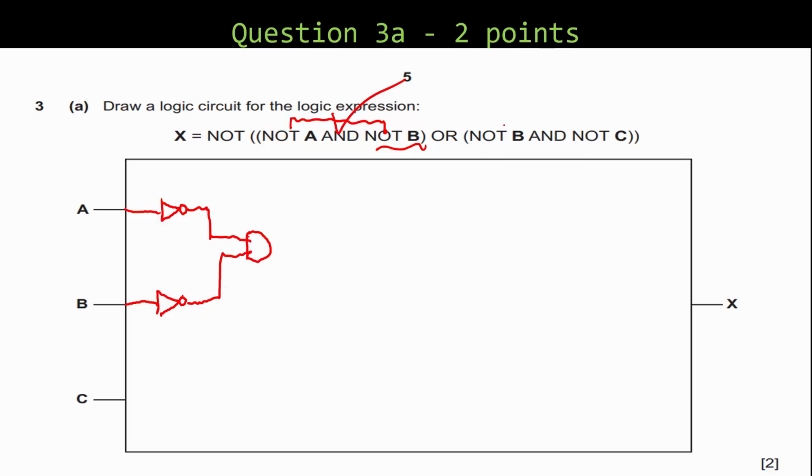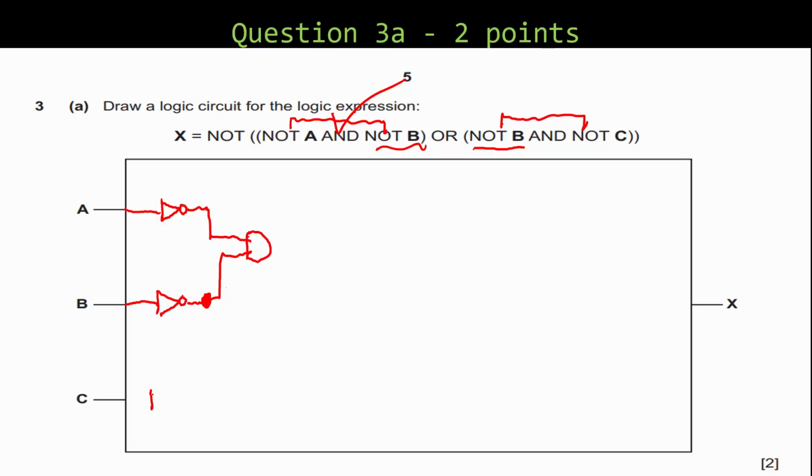Then it says or. Well, let me go ahead and handle these right here. So I have not B. Now, I want to branch off from this part right here. I don't want to do it before the not gate because that is simply B. But this says, hey, we're doing not B. So I want to branch off right here, and I can do that and show Cambridge that I'm branching.